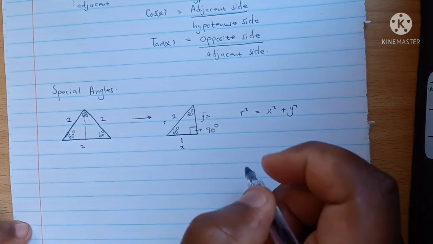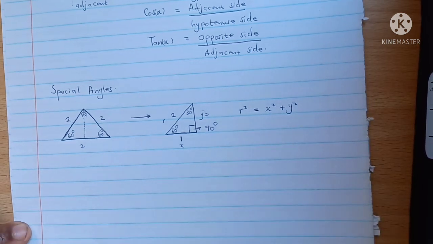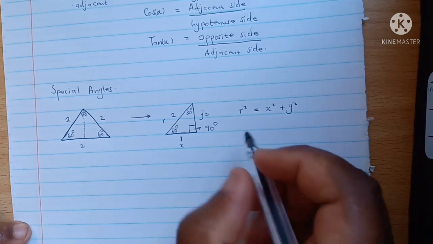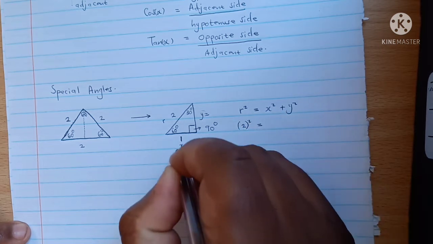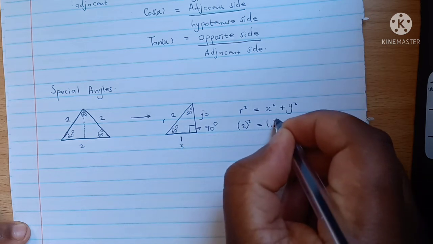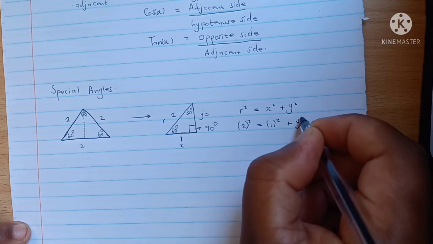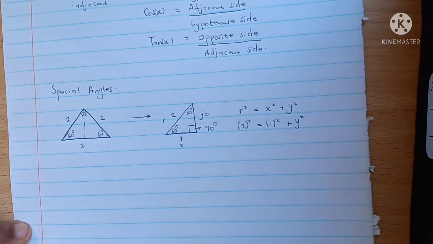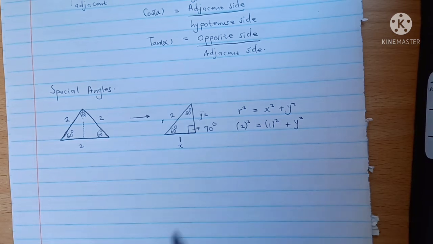So we know that here we have 2 squared equals to our x, which is 1 squared, plus y squared.